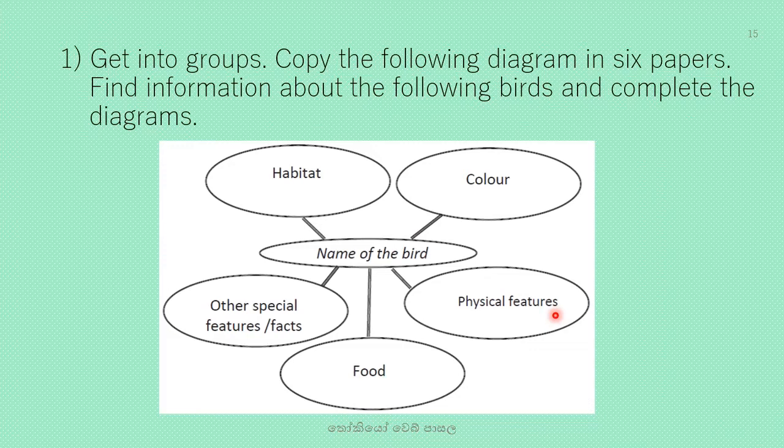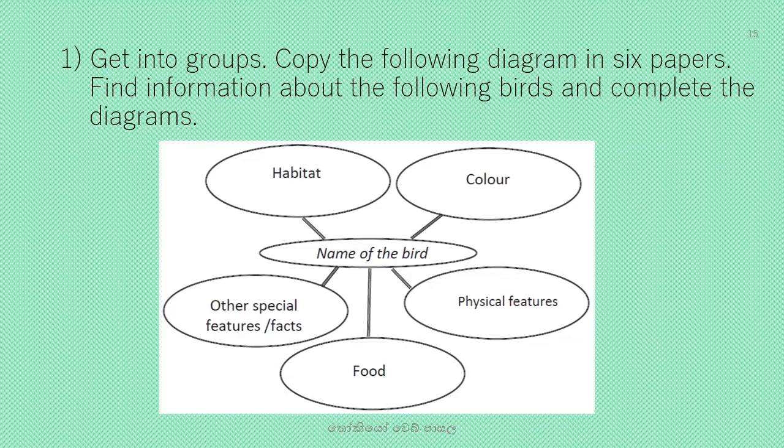And then what sort of food they consume. And if you can find any other special features or facts. And also you need to include the habitat. So what do we mean by habitat? It is where we can find these animals living.